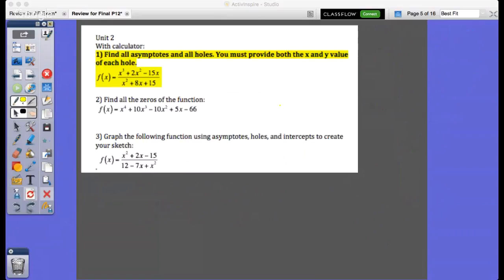5x. Perfect. And then minus 66. Okay, so do you have that in? Okay, so now what do we do? I think I messed up. I forgot to put something in here.